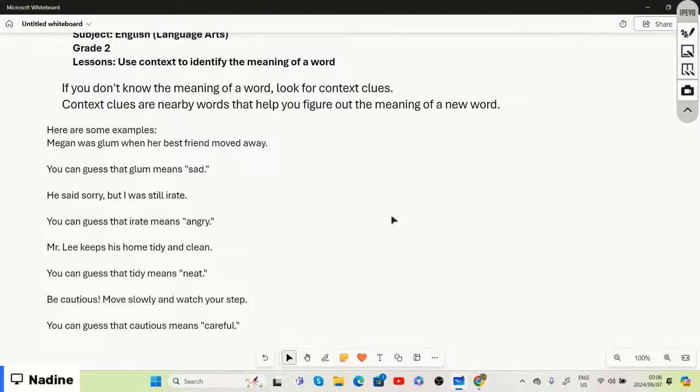We must look for clues within the context of what your sentence is about.